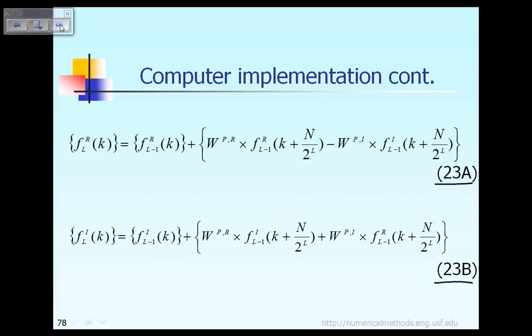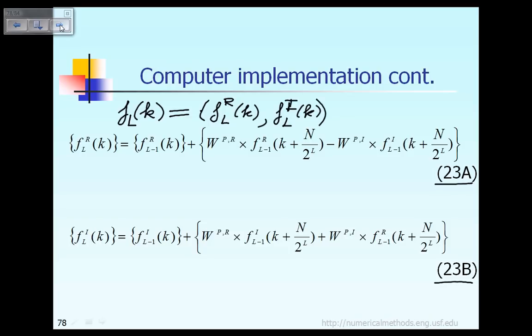So to summarize, if you want to calculate, let's say, the value of the intermediate vector f corresponding to the vector level L with the index k, that FLK can be expressed as two numbers, which are called FL real K and FL superscript I K. You see?